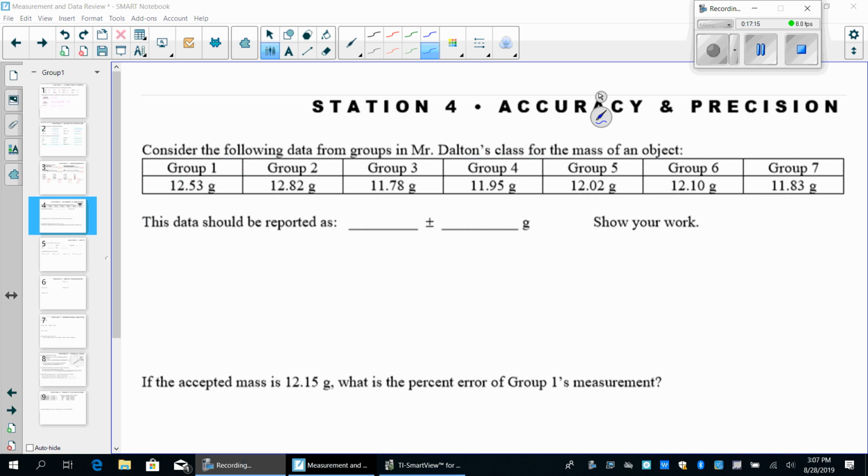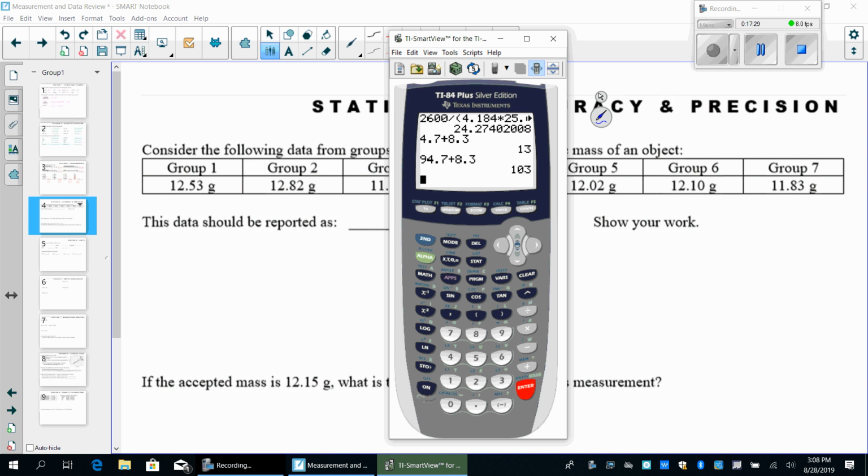Okay, for this slide, you're dealing with accuracy and precision. So the data is going to be reported as an average. You need to get the average for groups 1 through 7. Group 1 was 12.53. Group 2 was 12.82.